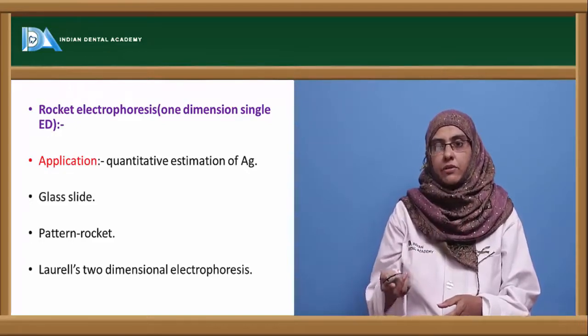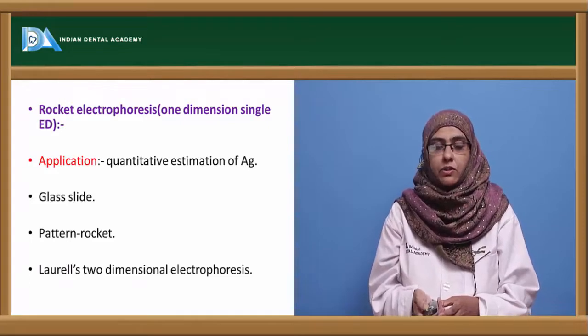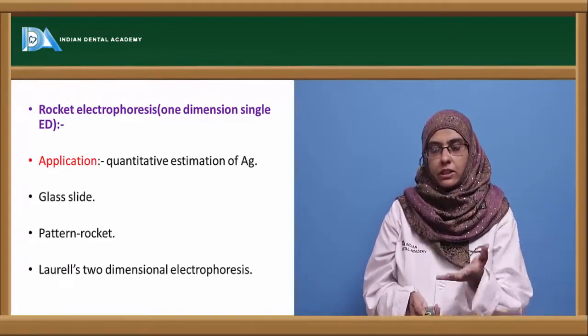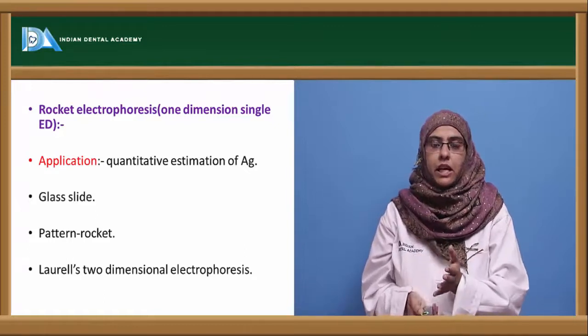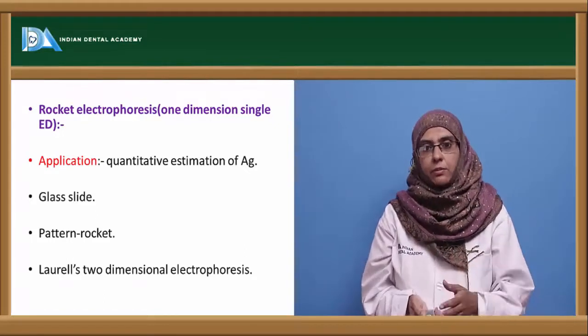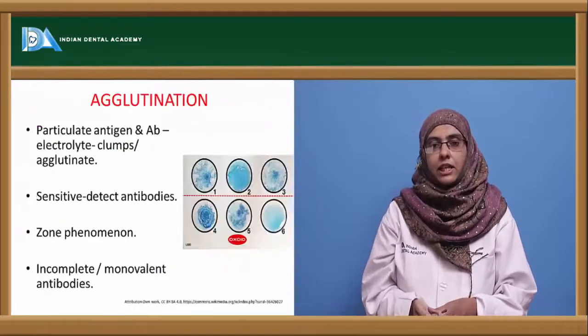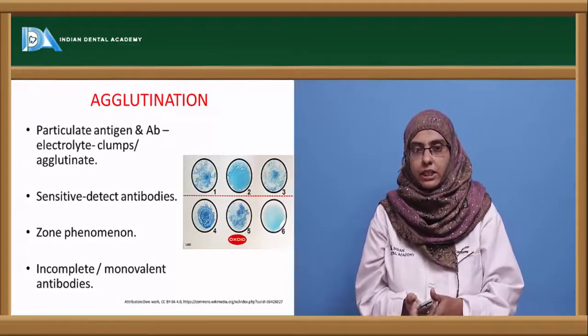The modified form of this is Laurell's two-dimensional electrophoresis, where the first step is electrophoresis and then immunodiffusion.